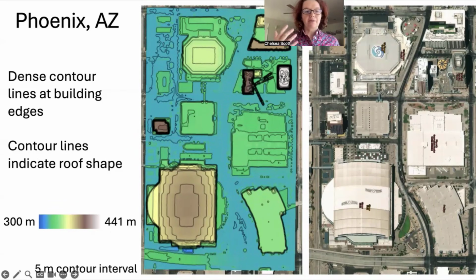And when we're looking at maps of cities, where we see contour lines close together, for example, here, that indicates that we're at the edge of a building. We can also use contour lines to visualize the shape of a roof. For example, these contour lines reflect the cylindrical shape of that roof.